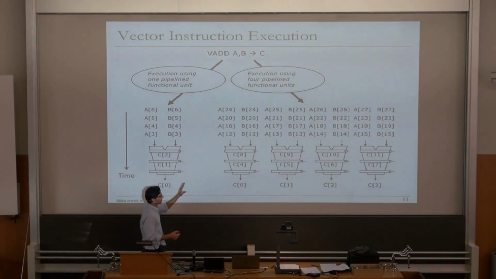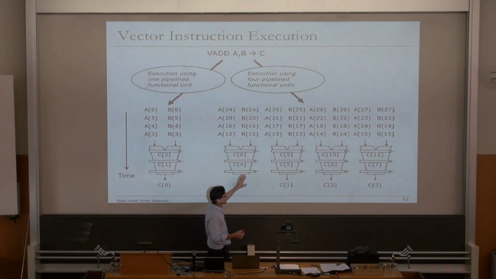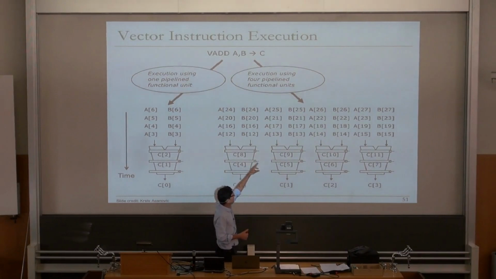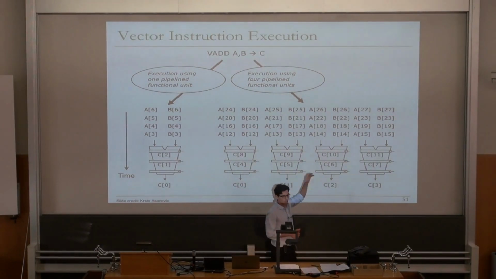In this case here, we have 4 functional units, and in each of these functional units, we can issue one addition every single cycle. So here, for example, we start the computation of A12 plus B12, and here A13 plus B13, and so on.